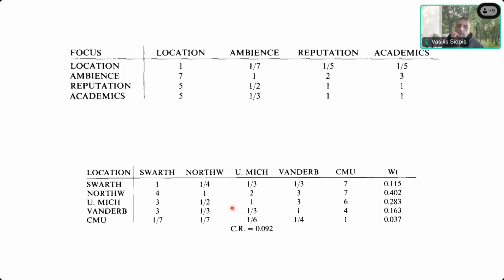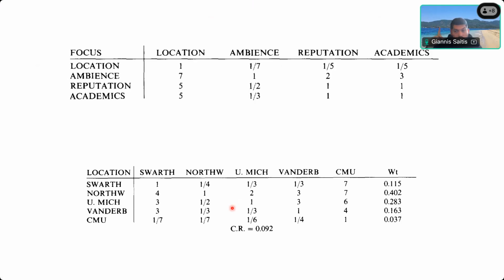Can we give the same value to two different pairwise comparisons? Yes, of course. You're not obliged to use a different number each time. Everything can be equal.